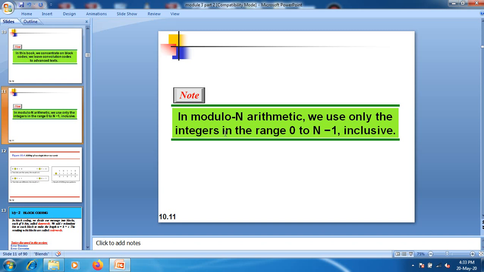If you are using modulo 16, in that case we are using the integer values in the range of 0 to 15. That is, 10 is represented as A, 11 is represented as B, and 15 is represented as F here. These are inclusive numbers we are using. Out of this, we are very much interested in modulo 2 arithmetic here.